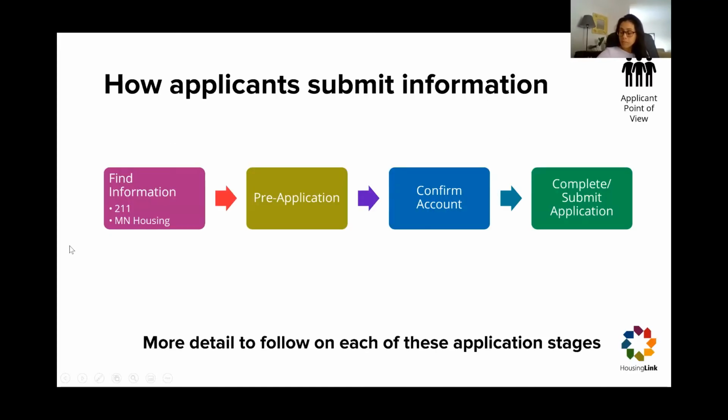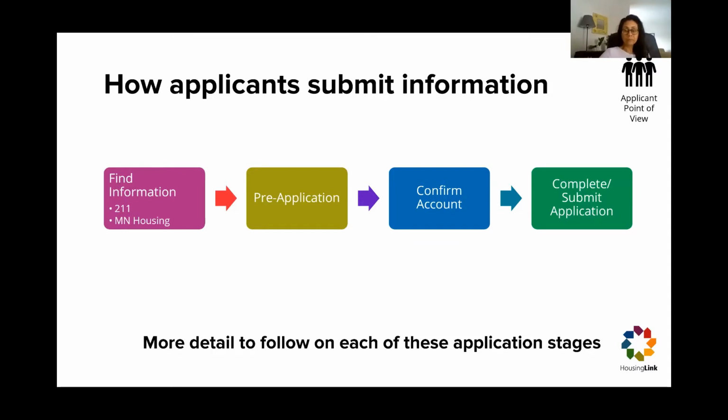Applicants submit information first by contacting United Way 211. They call into 211. They can text MN Rent to 211 and get routed a link to the application form, or they can go to the website. From the website, when they click on the Apply Now button, it brings them into this online application. There are 3 steps that the applicant goes through.